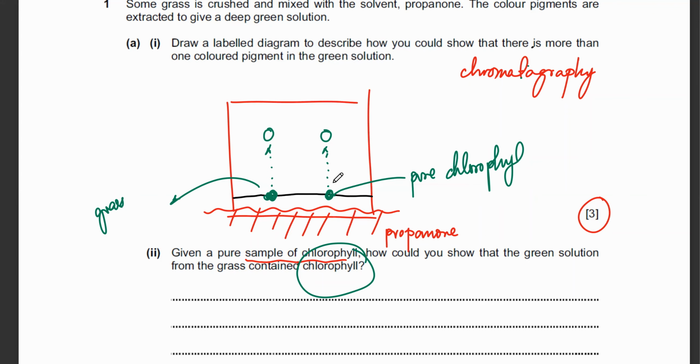So he's saying, given a pure sample, how could you show that the green solution from the grass contained chlorophyll? So do two experiments.